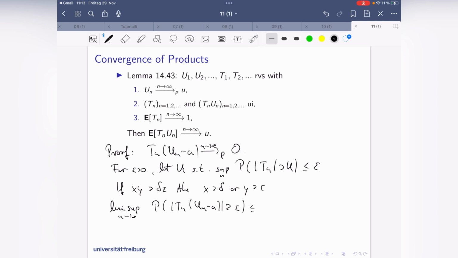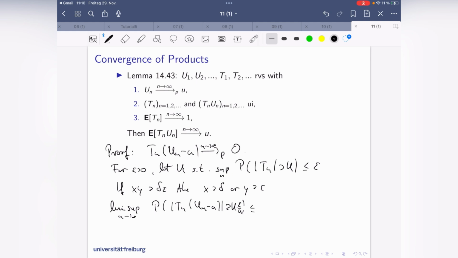Well, I can write epsilon as epsilon divided by k times k. And then, if this here is bigger than this, then either Tn is bigger than k or Un minus U is bigger than epsilon divided by k.